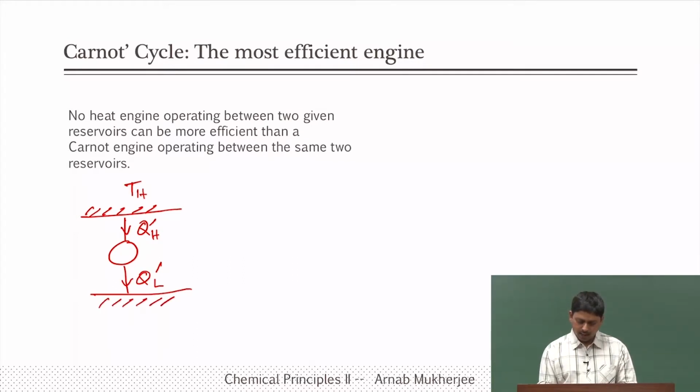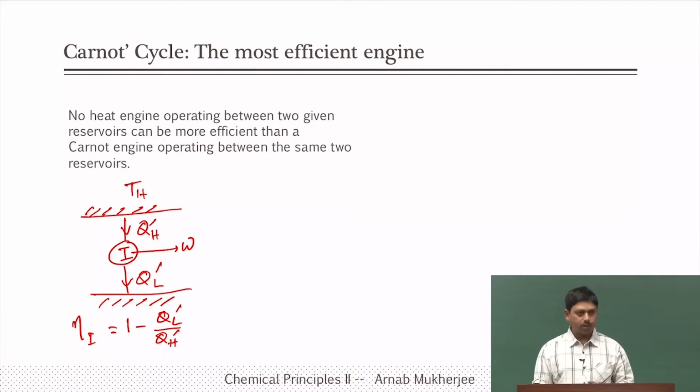This is an irreversible engine, so I put I as the indicator, and let us say the work output is W. The efficiency of this engine, eta I, will be 1 minus QL prime by QH prime. As I said, in all these cases we are just taking the modulus rather than the sign.